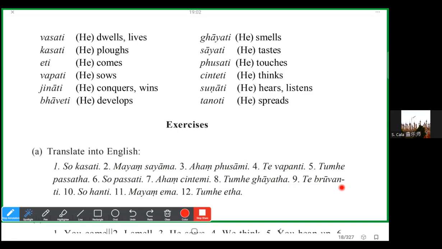Te bu wan ti. Remember you saw this in the previous lesson, all right? So how about li guat ngo? Li guat ngo. Te is what? Te is they. How about bu wan ti?